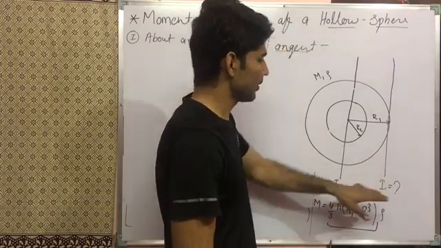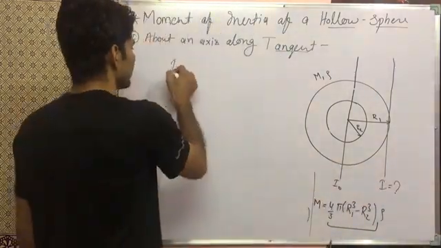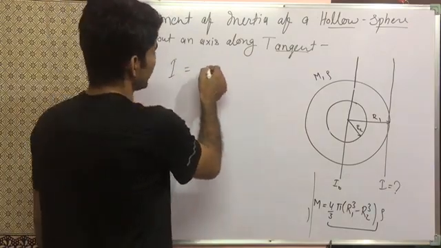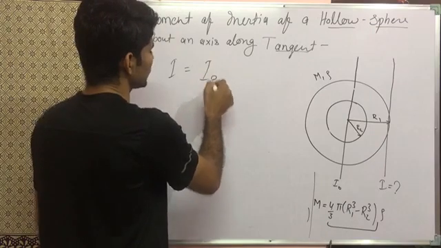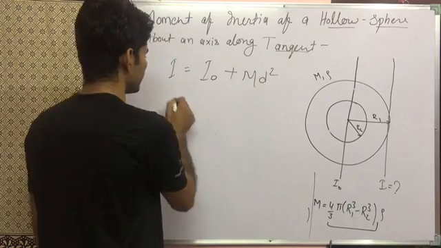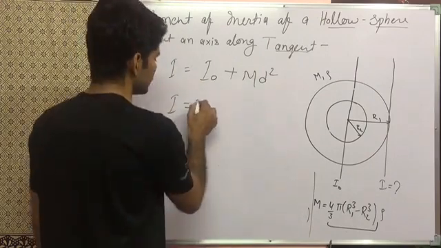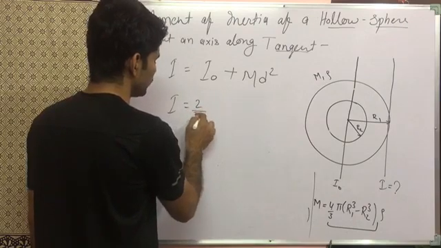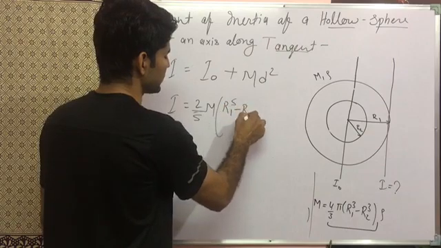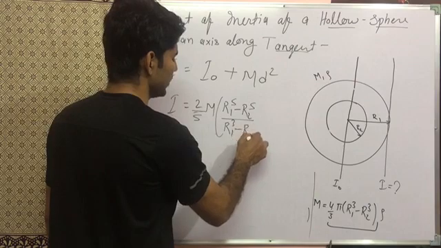So in this case we can see two parallel axes. Here we will use the parallel axis theorem, and according to the parallel axis theorem, the moment of inertia about an axis is equal to the moment of inertia about the parallel axis plus md square. So I naught we have derived, which is 2 by 5 m times r1 power 5 minus r2 power 5 upon r1 cube minus r2 cube.